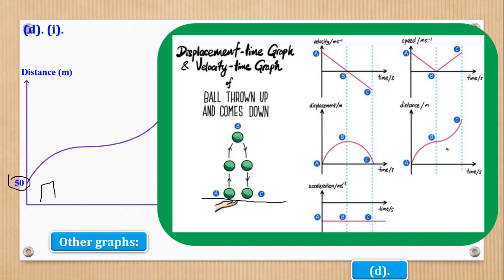That is why when you are drawing it, you see this line, it should be equidistant. So from here, tier must be equal to from here, tier. Same applies to this. From here, tier must be equal to from here, tier. Same applies to this. From here, tier must be from here, tier. That is if it was projected from a level ground. So let's take note of that. So those are the different kinds of graphs which they can ask.